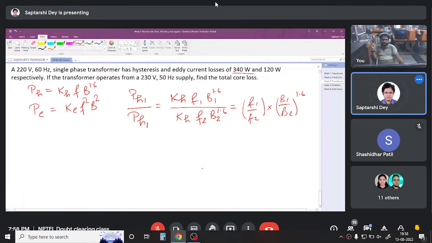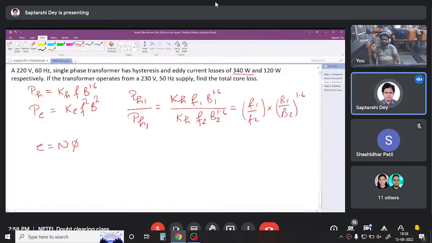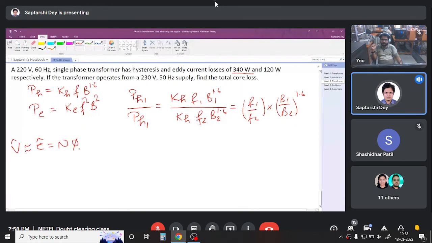Right. Now I showed you there that we wrote that E equals N E peak, which is very much equal to V peak, N phi max omega. Now, we will write it this way.